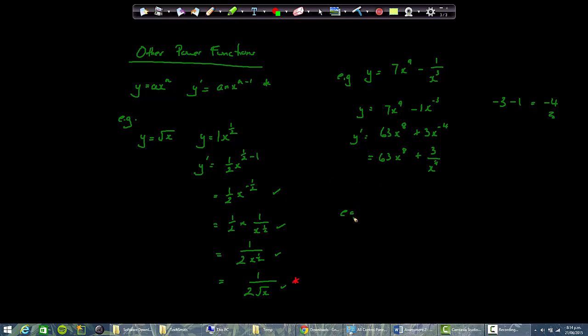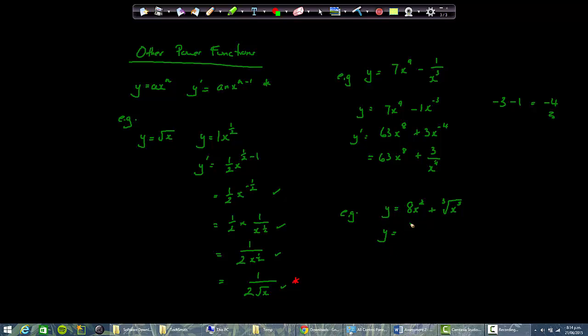Okay, I did say that was the last example. Let's take just one more. What do you do if we have some sort of weird root thing, like let's take 8x squared plus, let's say, the cube root of x to the power of 5.